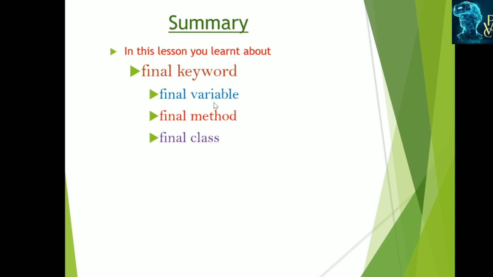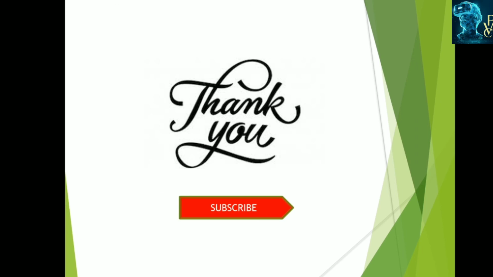Once a method is declared as final, it cannot be overridden. Once a class is declared as final, it cannot be subclassed. These are the points we have to learn in this video. Thank you, one and all.